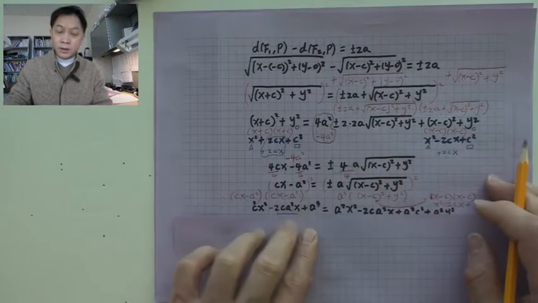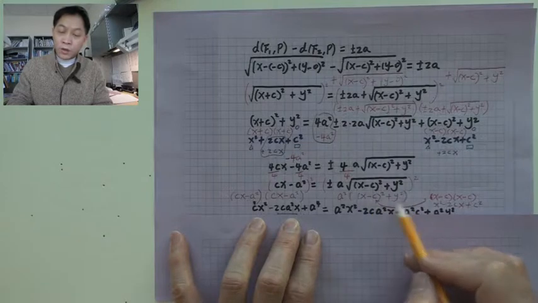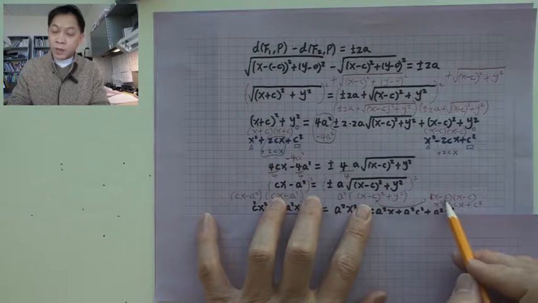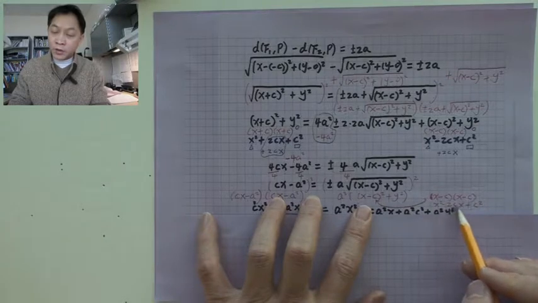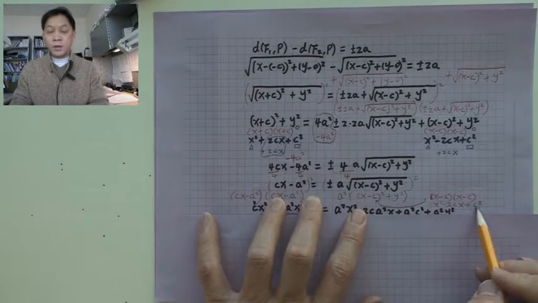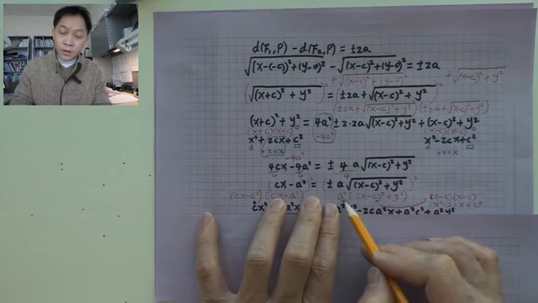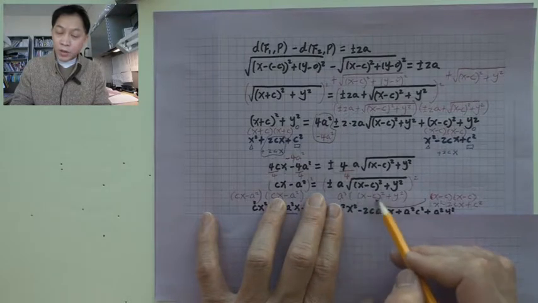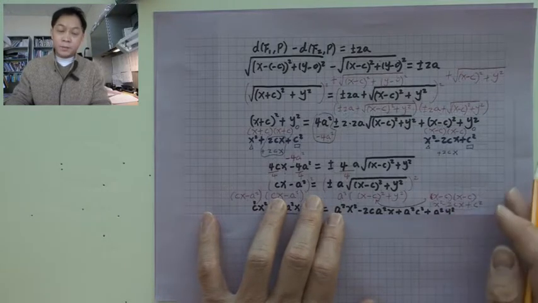Okay. Now, here is a squared times this whole quantity. Again, x minus c squared is x minus c times x minus c. If you FOIL it out, it's x squared minus 2cx plus c squared. So a squared times each term inside, separately.